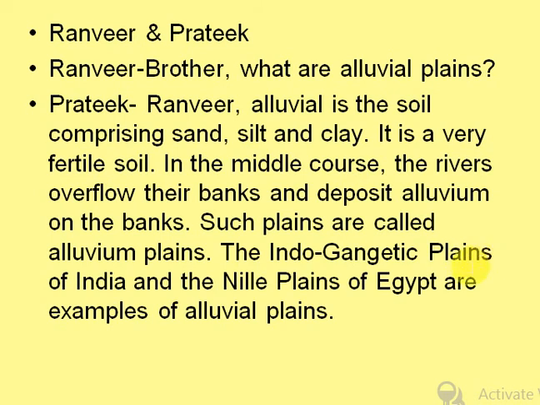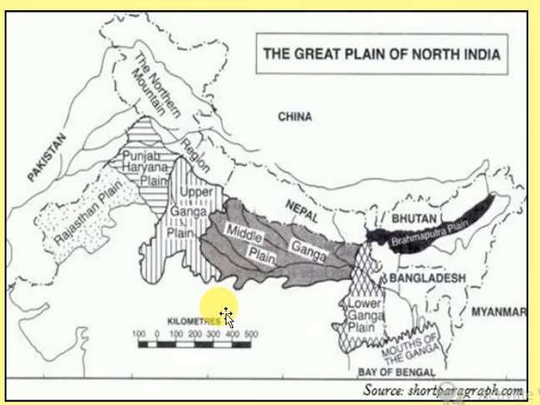The Indo-Gangetic plains of India and the Nile plains of Egypt are examples of alluvial plains. So this is an example of alluvial plains. The Indo-Gangetic plains you can further divide into the Punjab-Haryana plain, Upper Ganga plain, Middle Ganga plain, Lower Ganga plain and Brahmaputra plains.